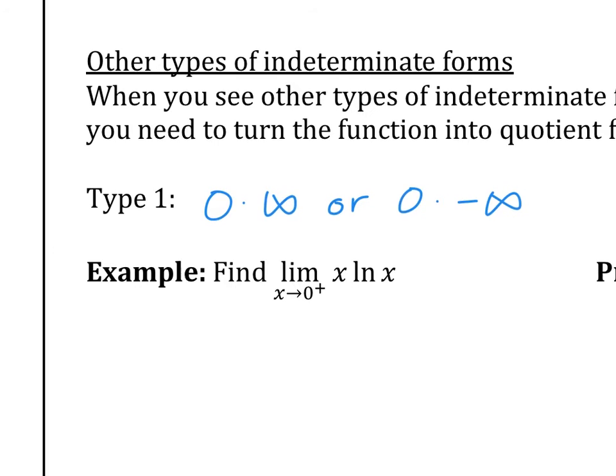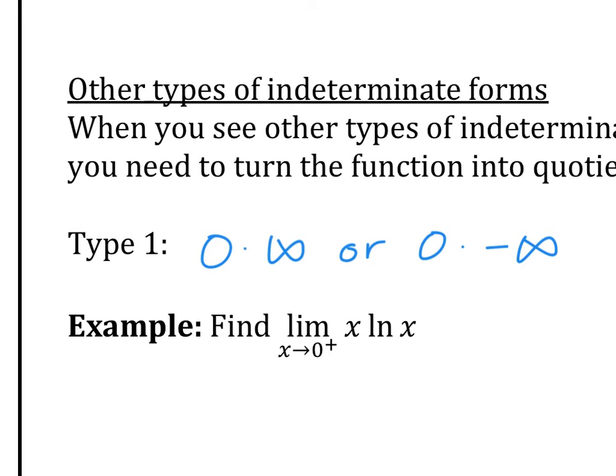So that is type 1 of the other types of indeterminate form. 0 times infinity is not 0. 0 times negative infinity is also not 0. We don't know. It could be 0, it could be something else, but it is too much of an assumption to say 0 times a super big number is actually going to get you 0. So we need to double check.